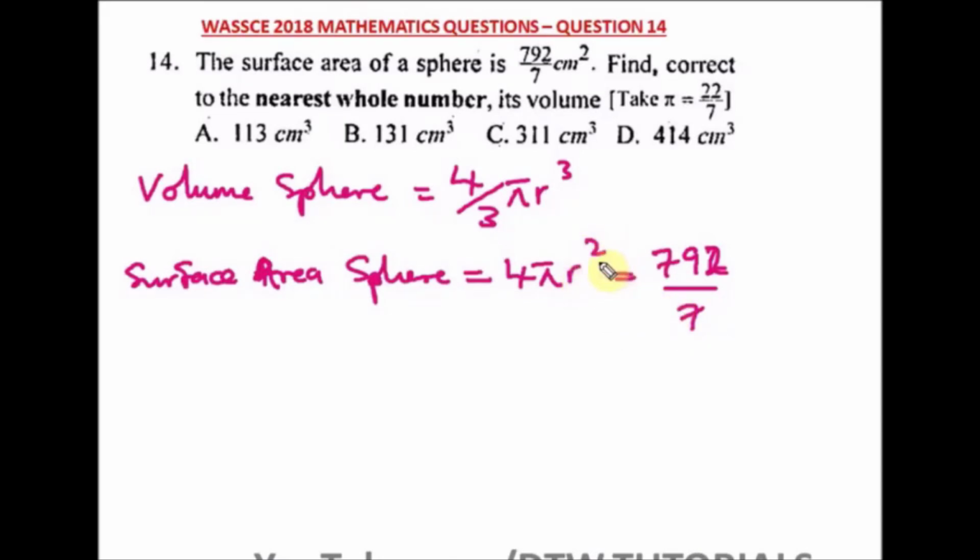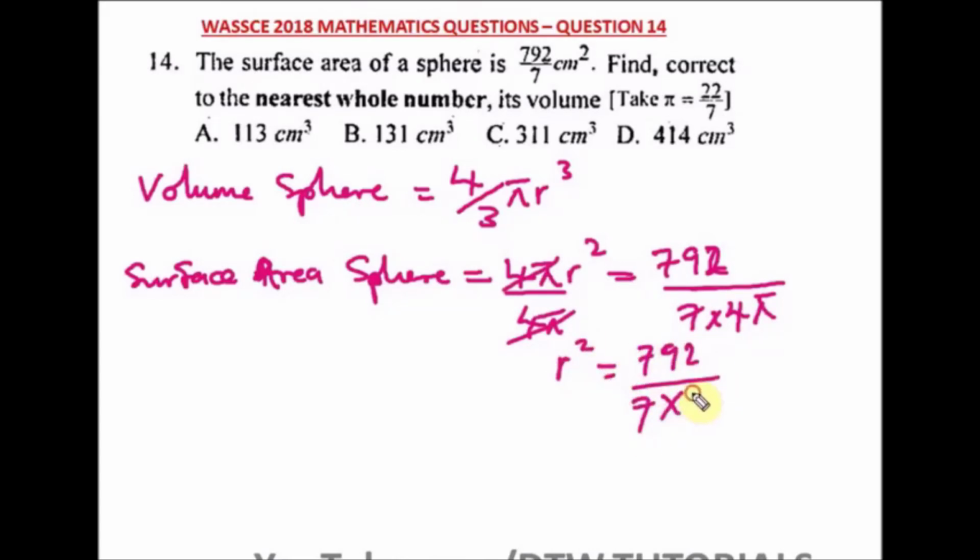For r square to stand alone, we divide both sides by 4 pi. So we have 792 over 7 times 4 over pi, so the 4 over pi cancels, and we're left with r square equal to 792 over 7 times 4.